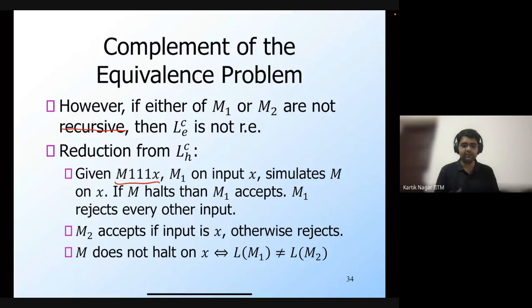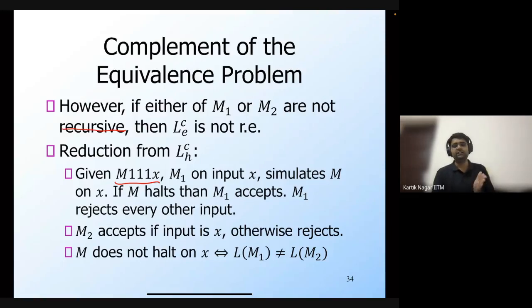And M2 is fixed. What M2 is going to do is that it is going to accept if the input is x. So M2 on its input is simply going to compare it with x. And if it is actually equal to x, then it's simply going to accept it. Otherwise, it is going to reject it. So the language of M2 is always equal to {x}.